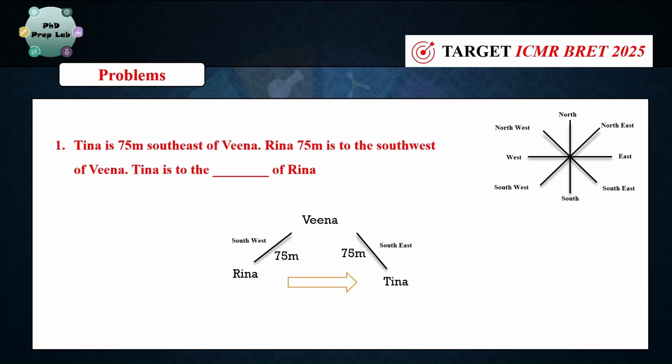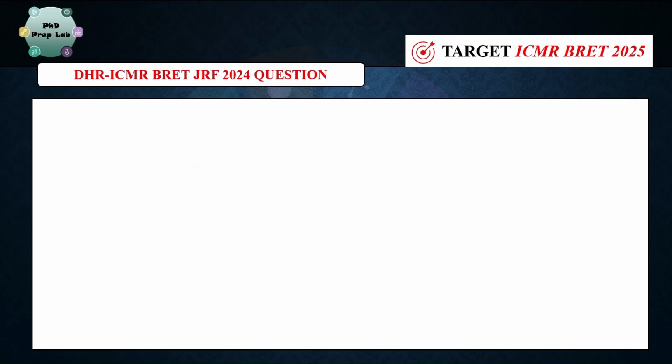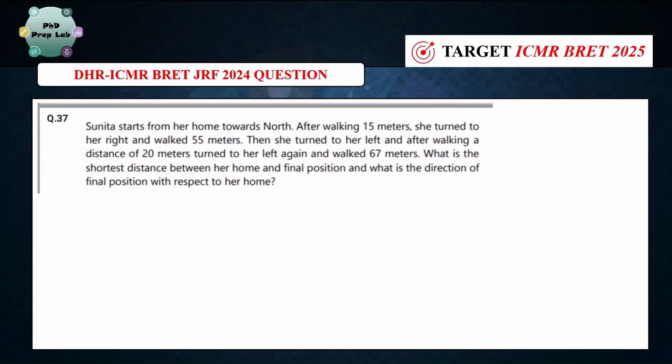You can see how we have used sub directions here. Reena is on the southwest and Tina southeast, so Tina is to the east of Reena. We always have to keep in mind about whom the question is asked, who is the center. Suppose X is the center and Y and Z are being compared to X, then we keep X in the center.